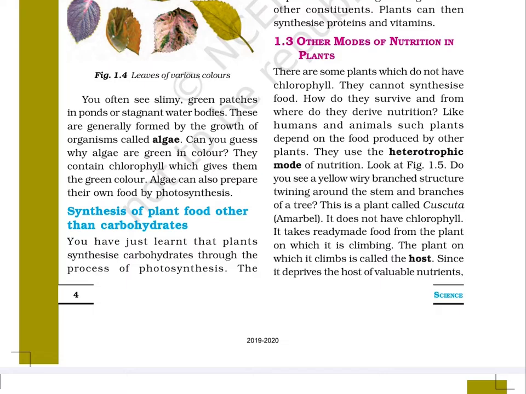Synthesis of plant food other than carbohydrates. You have just learned that plants synthesize carbohydrates through the process of photosynthesis. The carbohydrates are made of carbon, hydrogen, and oxygen.